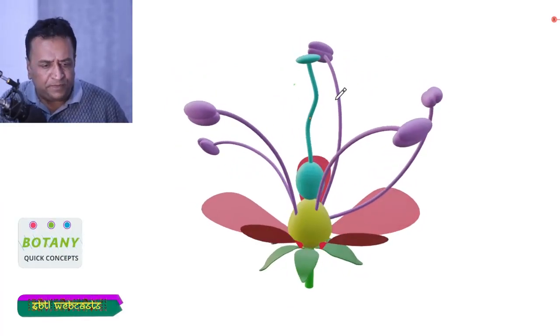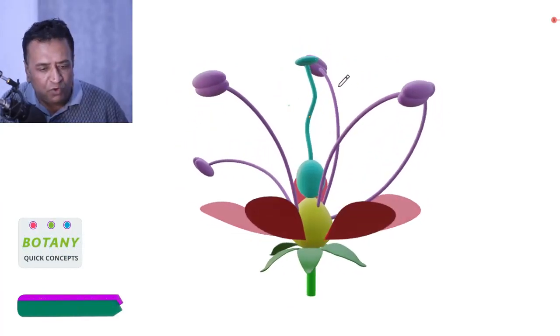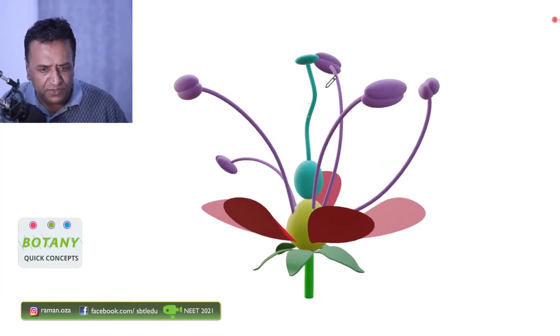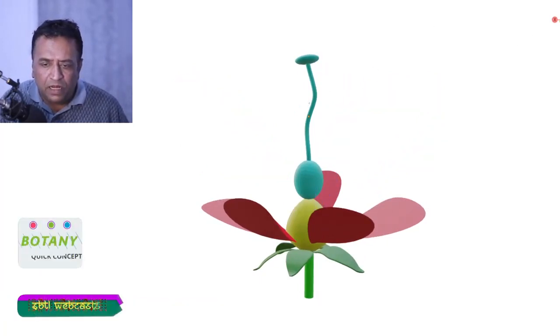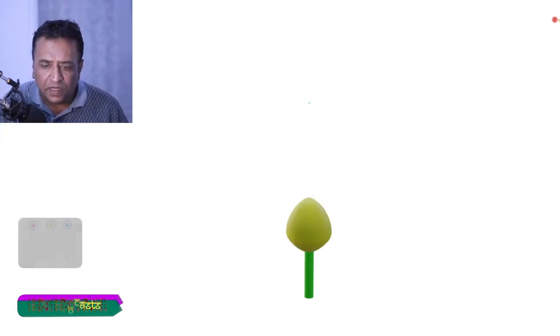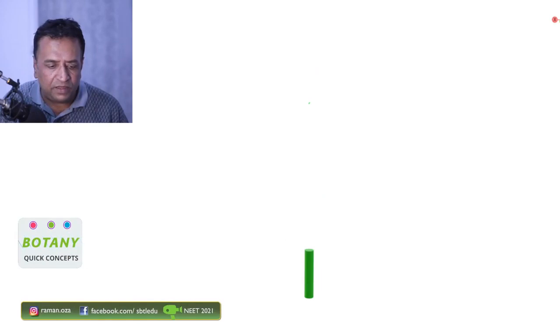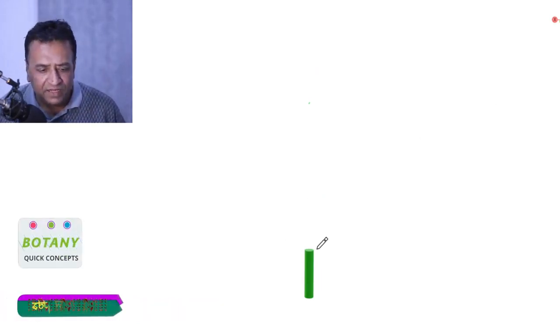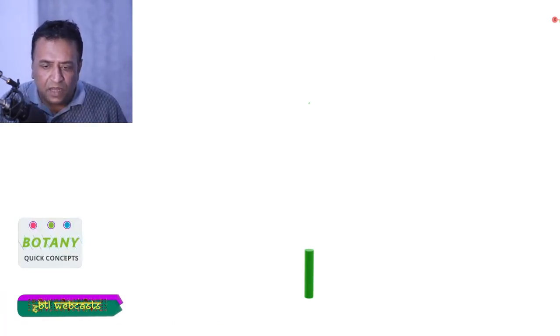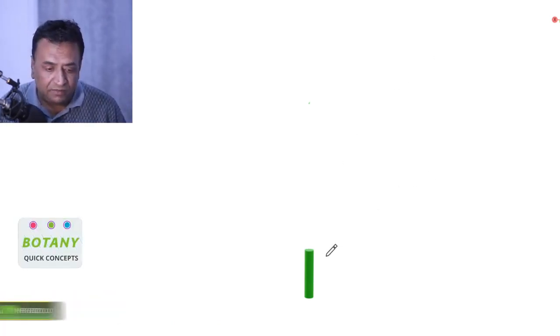Well, now let's go to a few of its fundamentals. Let us watch these parts one by one and let us begin with this basic structure. This is the stalk of the flower and that is called pedicel.